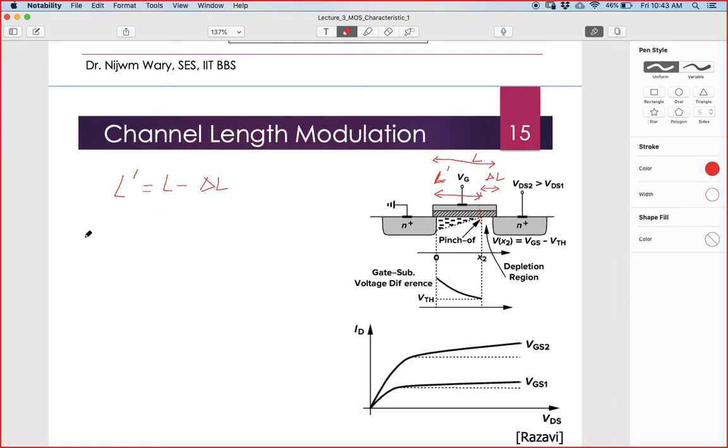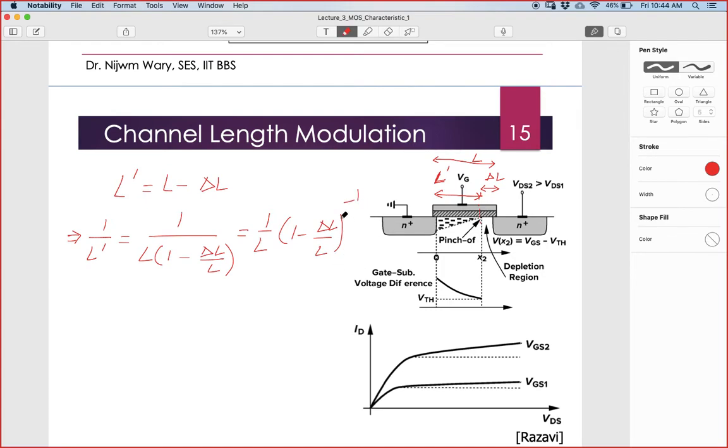Now if I do some simple mathematical simplification, taking the inverse, 1 by L dash will be equal to 1 by L, 1 minus delta L by L, whole inverse.